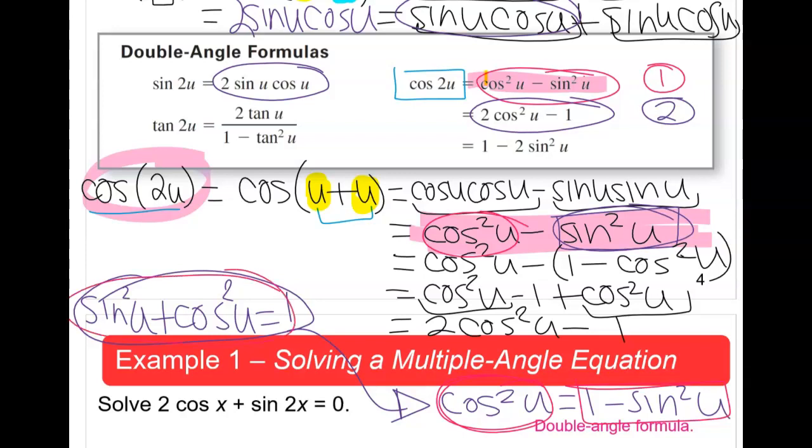So instead of cosine square u, I'm going to have 1 minus sine square u.